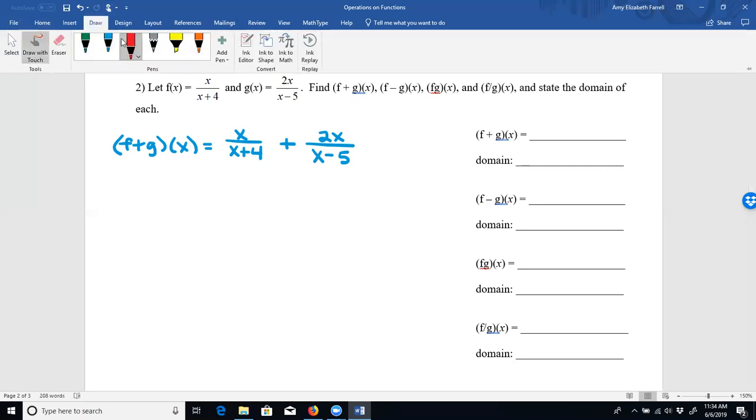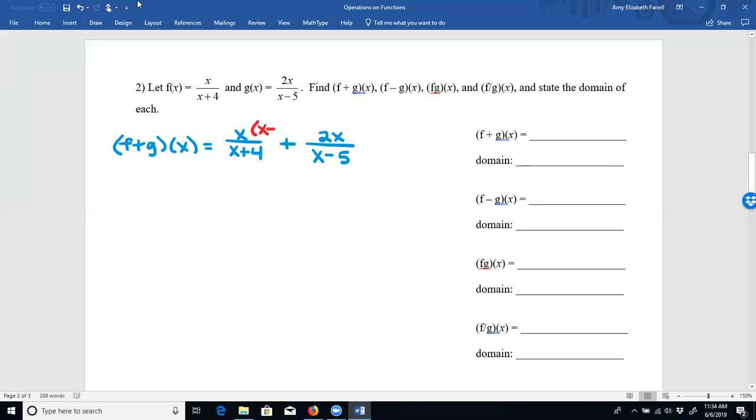So I'll show with a different color here. I'm going to multiply the first rational expression by x minus 5, top and bottom. Second one by x plus 4, top and bottom. Now I have a common denominator.